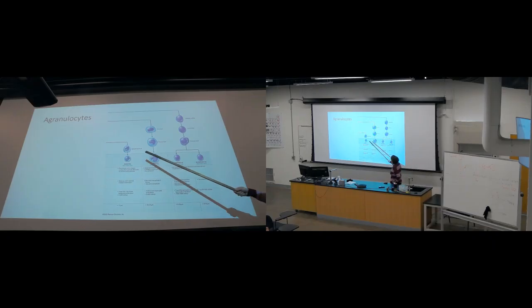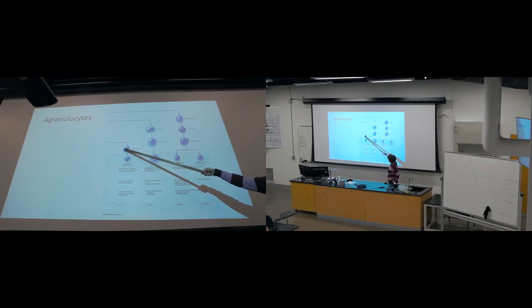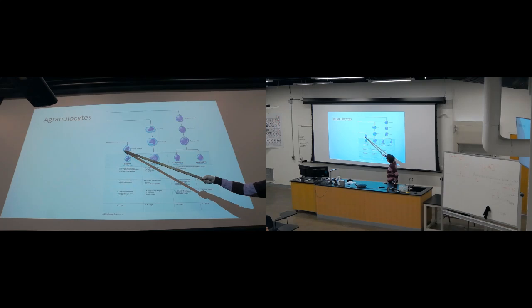And then for basophils, they are precursors from myelocytes, and similarly, the young form is called a band cell basophil. In basophils, the nucleus is large, but it's obscured by very abundant granules.